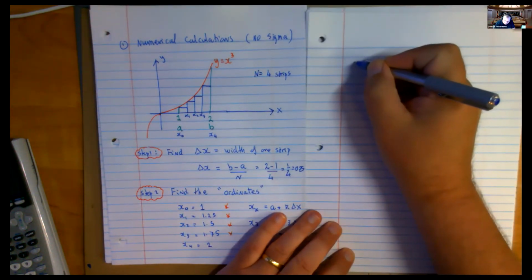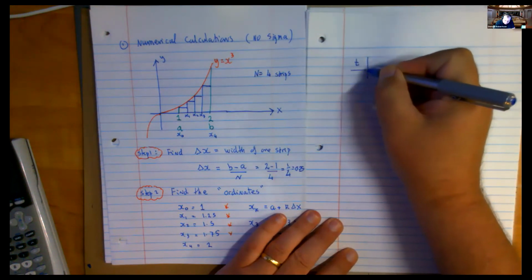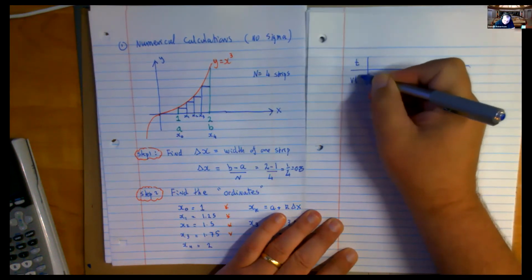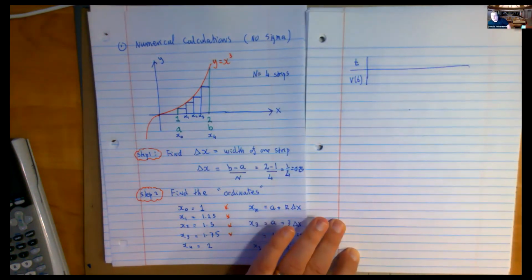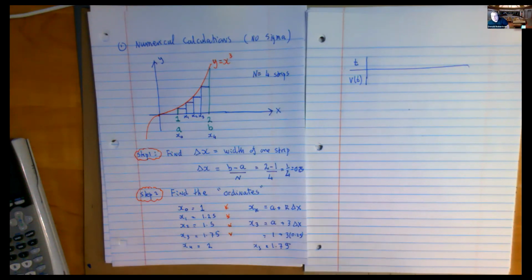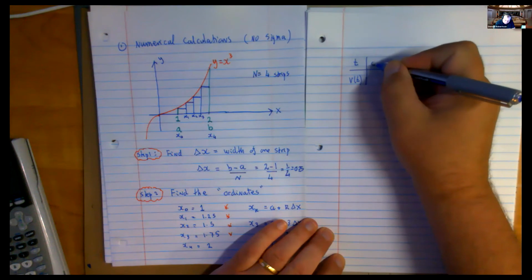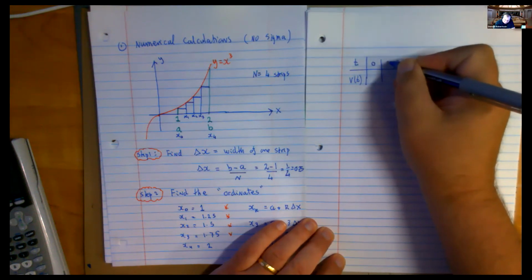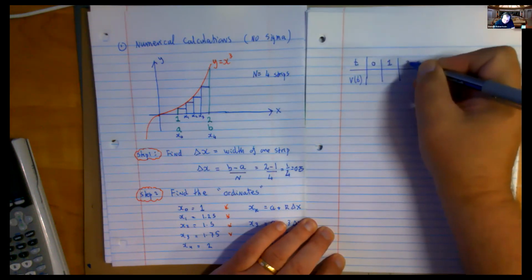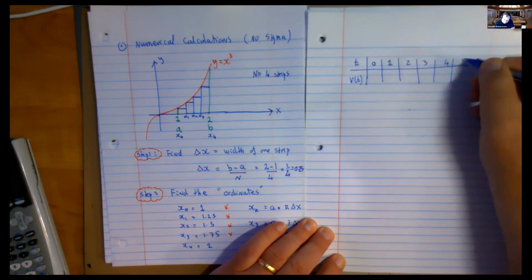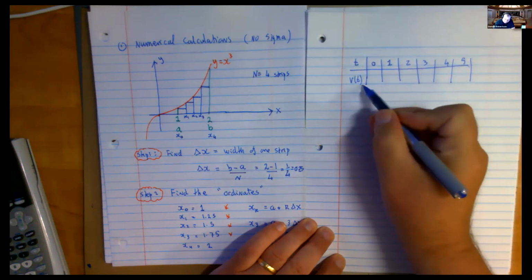So suppose that you are told at certain times what the velocity of a moving object is. So at the beginning, at the 1 second mark, at the 2 second mark, at the 3 second mark, at the 4 second mark, and at the 5 second mark.